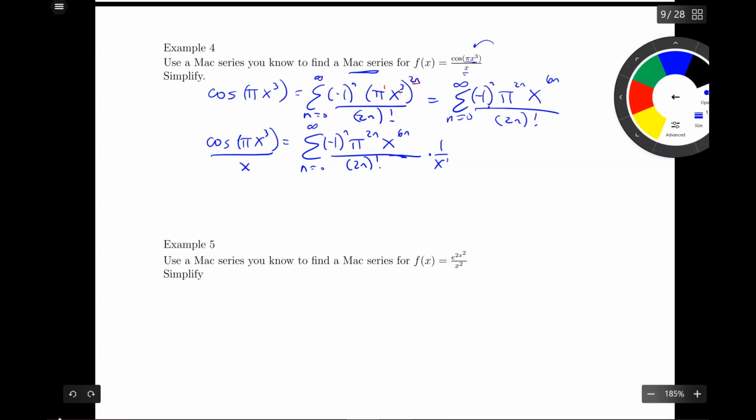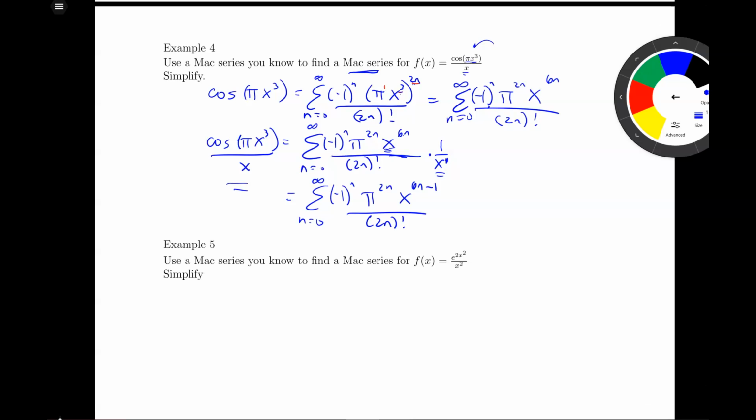So how do we take care of or combine these exponents of these x terms? I subtract. So I have -1 to the n, pi to the 2n, x to the 6n minus 1, right? There's this 1 down here, and then 2n factorial. So that's the Maclaurin series for cosine of pi x cubed over x.